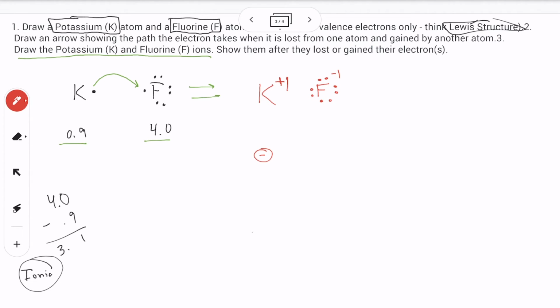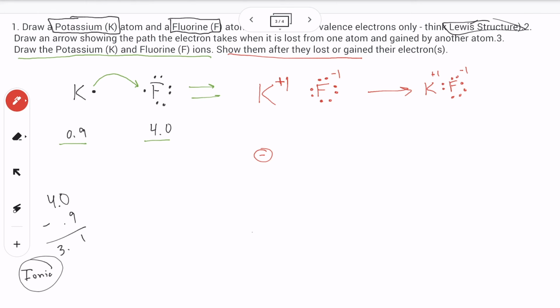Okay, and then it says show them after they lost or gained their electrons. Well, the wording isn't great, but what I'd like to see is this, and then this, with their charges.